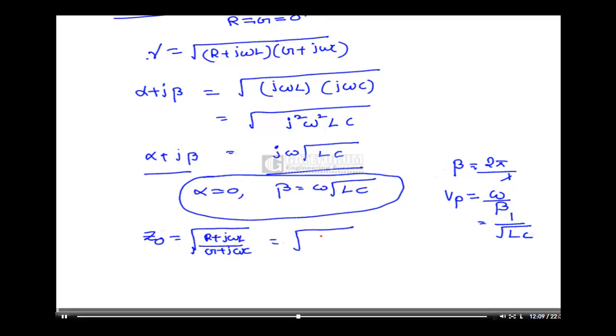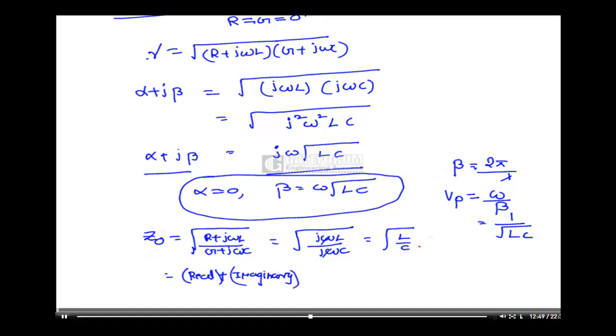Then this is nothing but j omega L by j omega C. j omega cancels out, so the remaining thing is the square root of L by C. So Z0 is equal to square root of L by C. Characteristic impedance is generally a complex value, having some real part as well as some imaginary part.